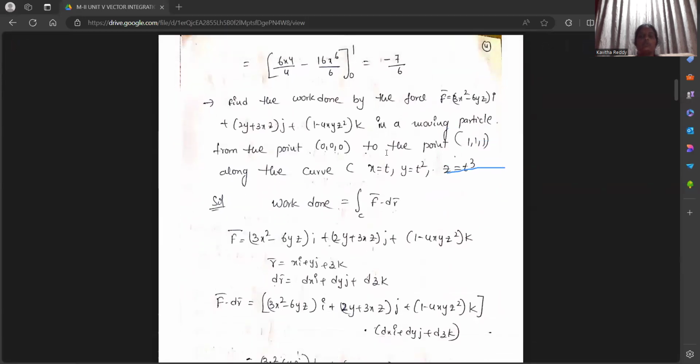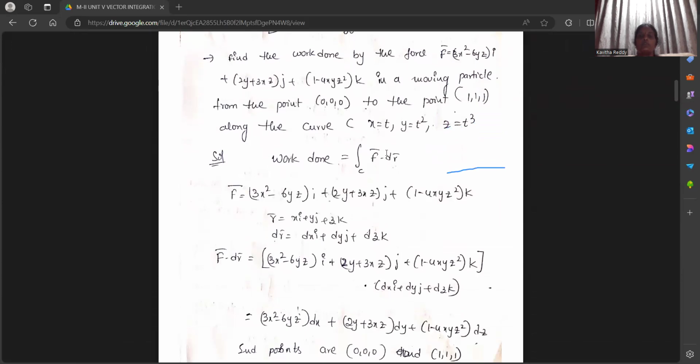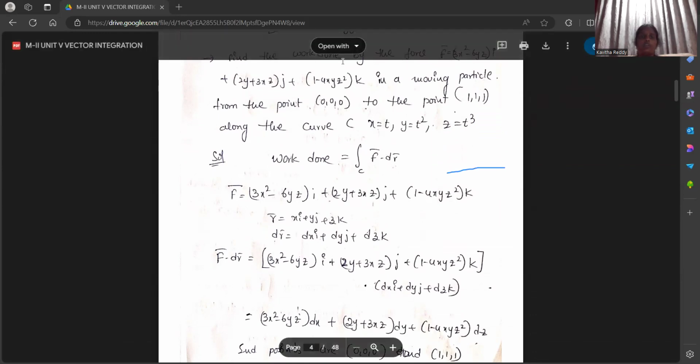Here is one more problem, in terms of t rather than x, y, z. Find the work done by the force F bar equals (3x² minus 6yz) i plus (2y plus 3xz) j plus (1 minus 4xyz²) k on a moving particle from the point (0, 0, 0) to (1, 1, 1).